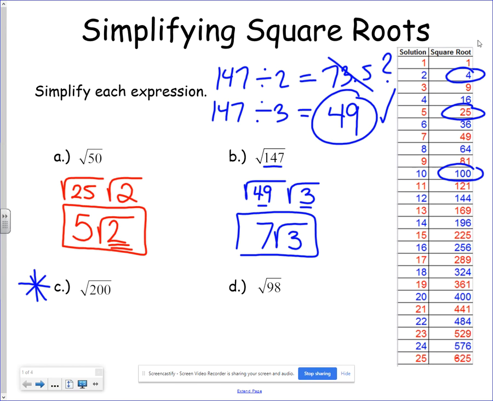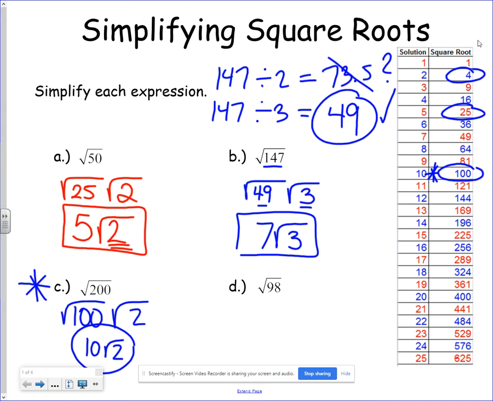So 200 has 3 perfect squares that divide into it. So if it has more than one perfect square that goes into it, you always want to choose the biggest one. We always want the biggest perfect square that divides into it. So I'm going to use 100. So I'm going to break this down to the square root of 100 times the square root of 2. Square root of 100 is 10, so my answer is 10 radical 2, or 10 the square root of 2.